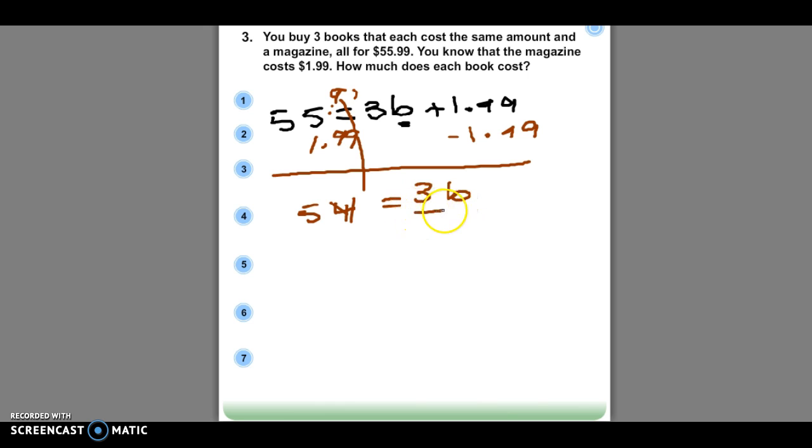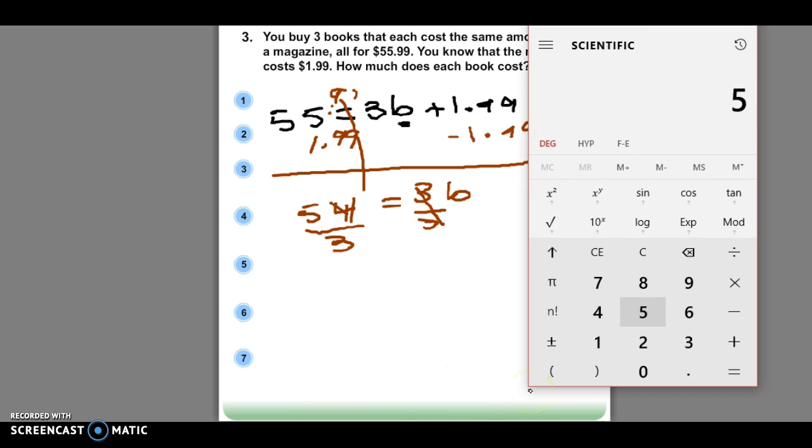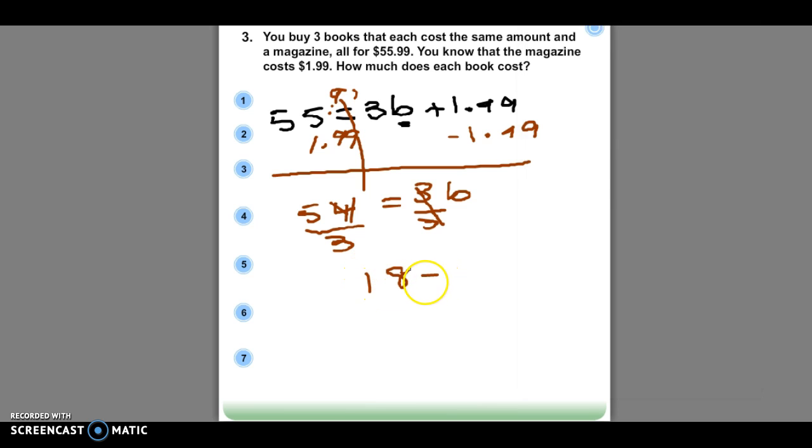And from there you want to divide both sides by 3, and the 3's cancel. And 54 divided by 3, we get 18. So each book here costs $18.